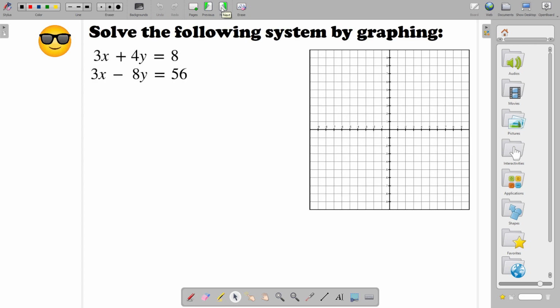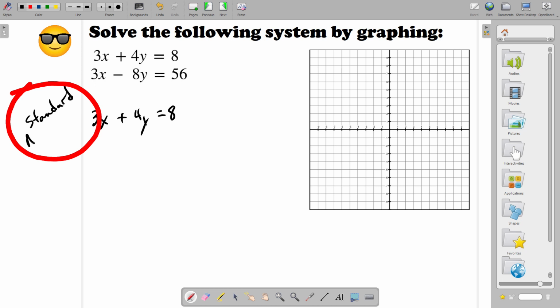For this first one, we have 3x plus 4y equals 8. And if I'm going to solve this by graphing, I need to be able to graph that line. This is in standard form.